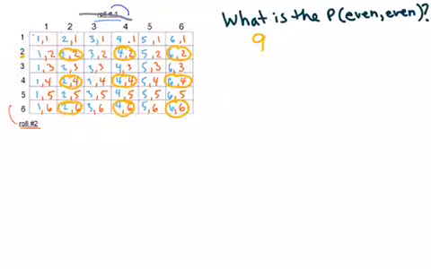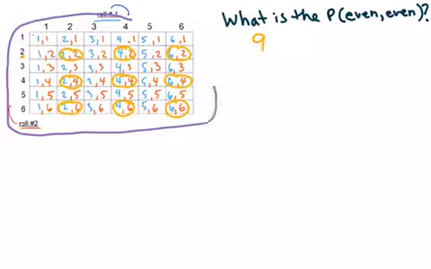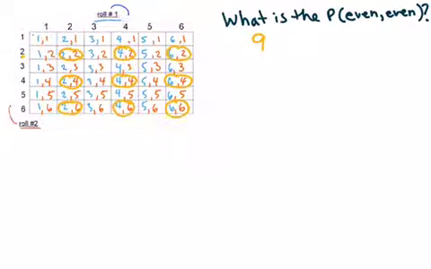Or if we're good with our multiplication tables, we can just do the fact that it's 6 times 6, which gives us 36. And we can reduce that if needed. But it's really 9 out of 36. That's the probability of it. Or it could be 1/4 when we simplify.